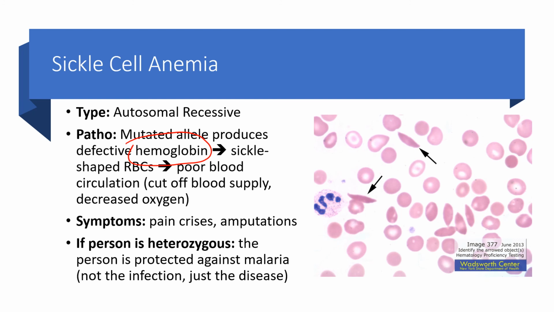They can cut off blood supply, meaning they can actually block blood flow, and in doing so, it can cause pain crises, meaning episodes of severe pain, because blood is being cut off. That means oxygen is cut off, and if oxygen is cut off, lactic acid is being built up, and that causes pain.